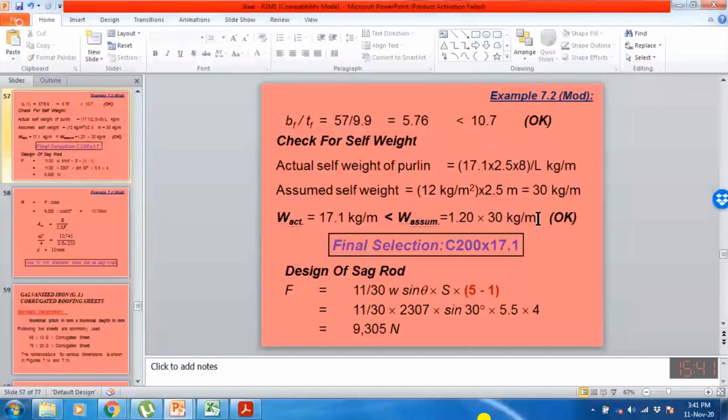How to design the sag rod? So the force in the sag rod, this is the force in the sag rod that can be assumed.